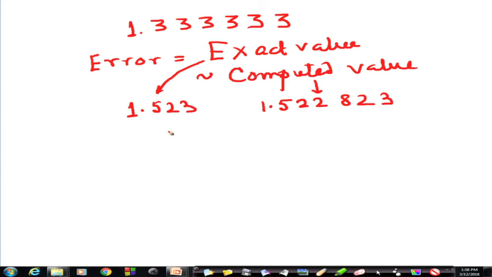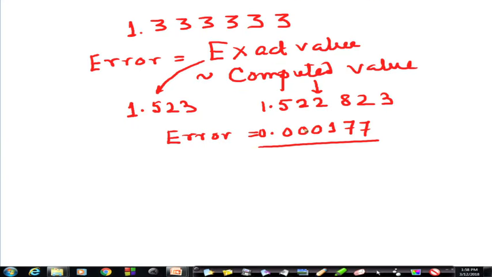Then the error is the difference between these two, and if I subtract, it will be 0.0000177, that is the error. Now, the smaller this error is, the more accurate my result is.